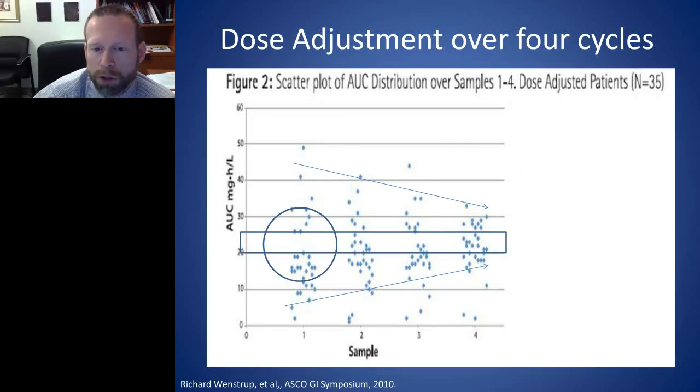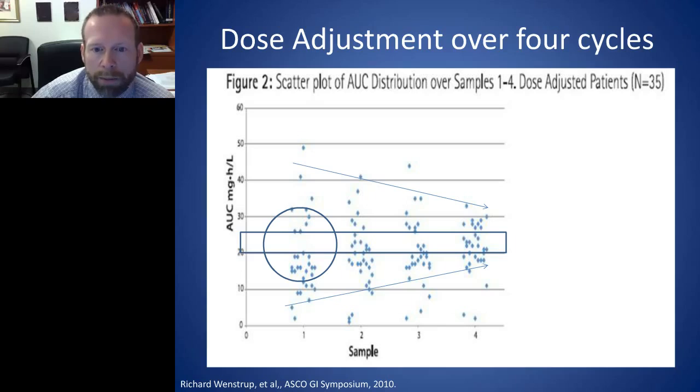So we've shown that if you're able to establish this target therapeutic interval, you'll see that during the first cycle of treatment, where the blue box is the therapeutic target, there's really almost no one in the therapeutic target, and you see this extremely wide spread of values all over the area under the curve.